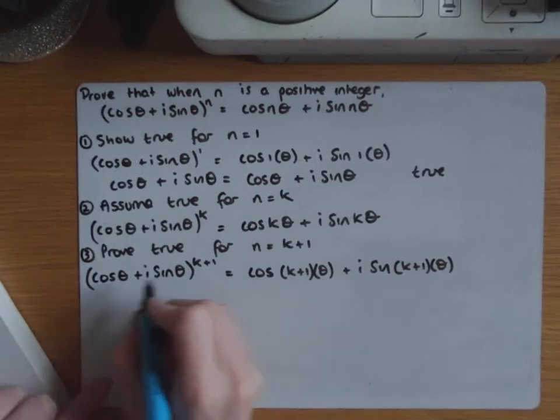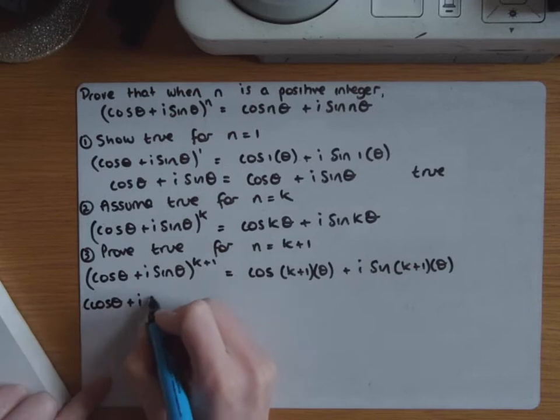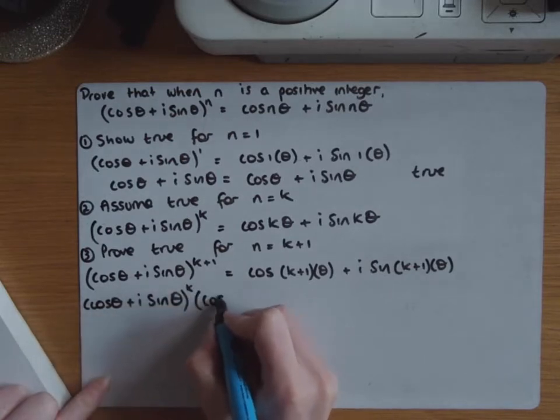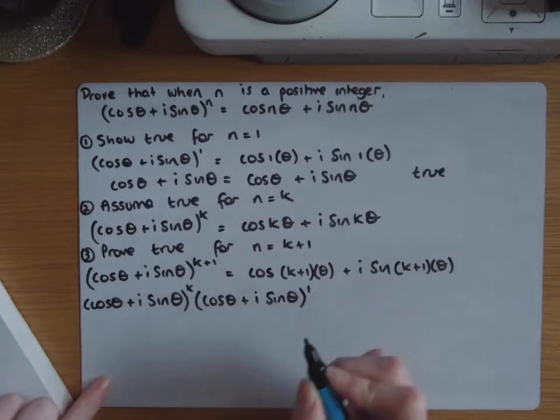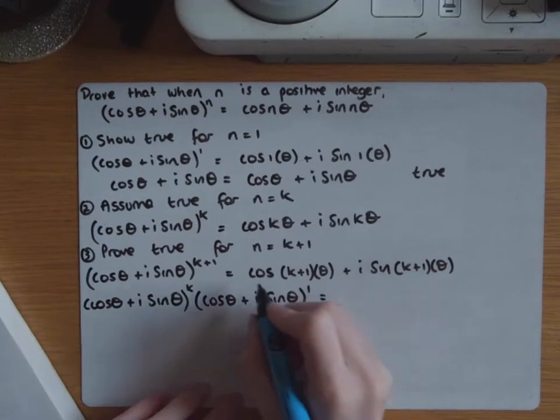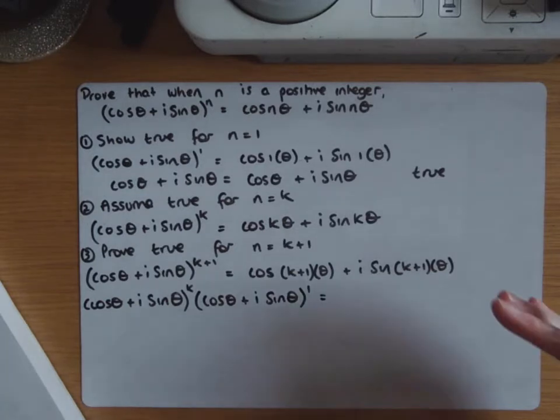So let's write that out on the left hand side. And that's equal to this over here. Okay, you would write it all out in an exam. I'm just not going to here at the minute, okay, but you are writing the right hand side out each time.